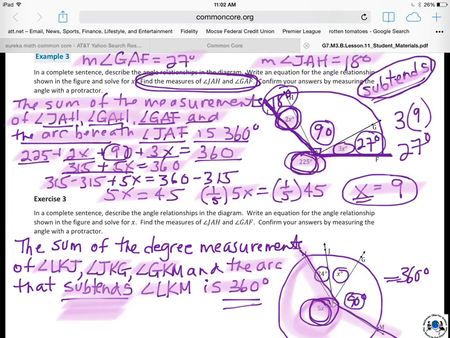Remember this word subtends? It's the arc that comes underneath this angle. So this plus this plus this plus this are all going to equal 360. We know this is 90 because of our little box symbol.